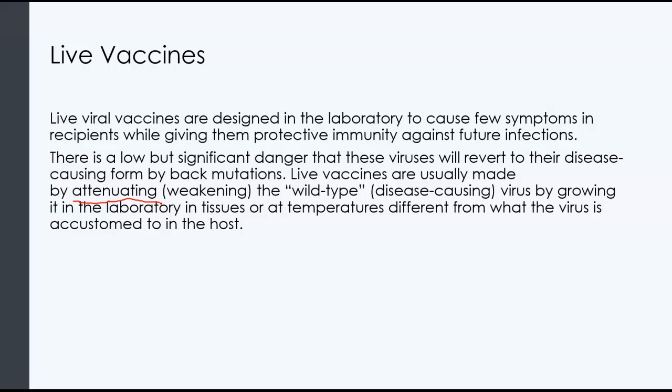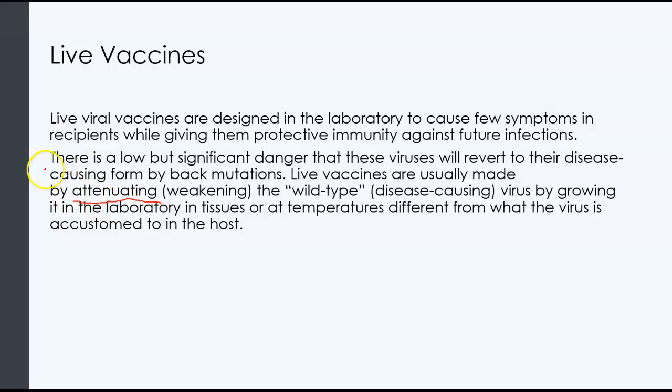If it's a human virus that's normally accustomed to 98.6 degrees Fahrenheit, then you grow it at a colder or a warmer temperature. And that will weaken the virus. That will cause the virus to mutate to a weakened form.